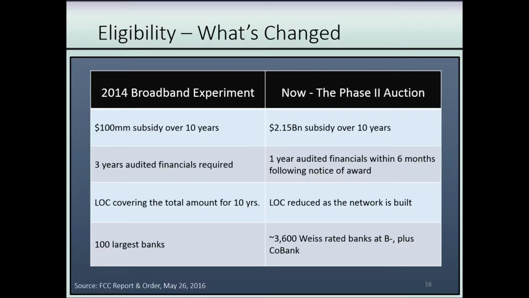So in terms of readiness, I would suggest that one that is not audited should prepare and have the relationships and put the general ledger forward so that there's not a long incubation period to that process, because you'll have to meet that requirement along with some others before the funding is released.